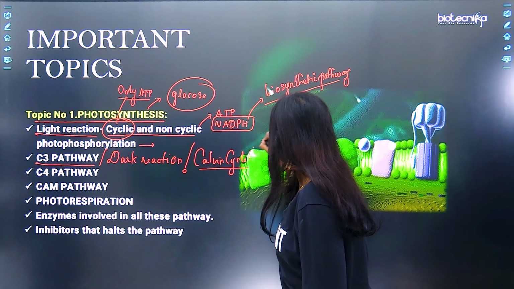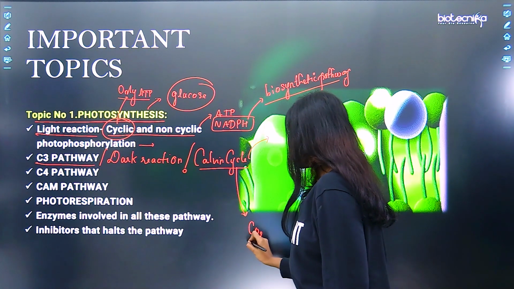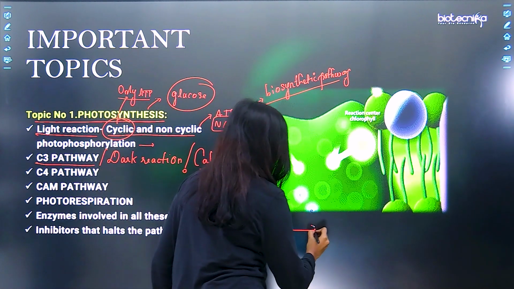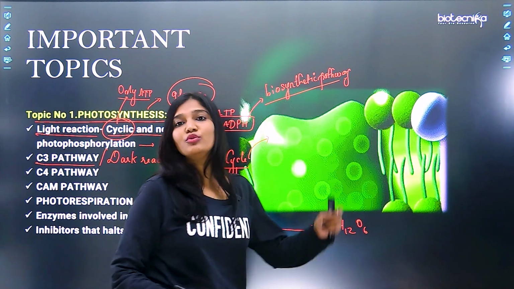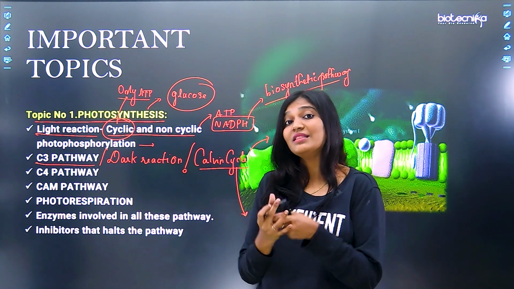So they're going to fix all this carbon dioxide into a glucose moiety, C6H12O6, by utilizing all the ATP and NADPH that it has produced in the light reaction.